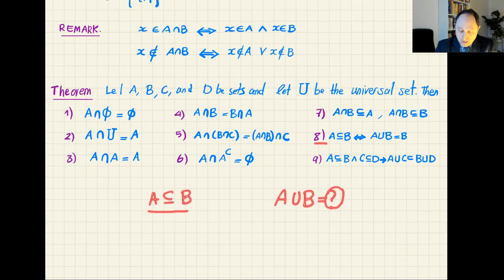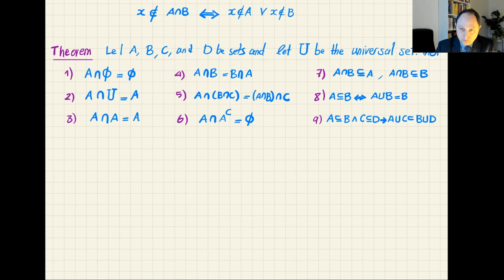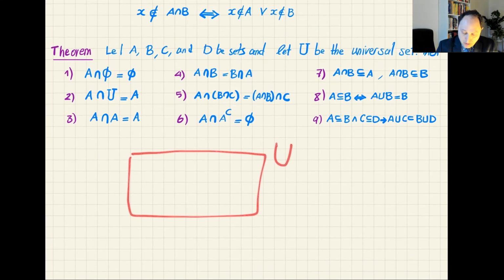Okay, this tells you that if A is a subset of B, then if I union these two sets, it becomes the bigger set. And this is also very clear from the Venn diagram, yes? If I have this Venn diagram, this is my universal set. I have two sets. I know one of them is a subset of the other one. So if I want to draw the diagram, I need to respect this condition.